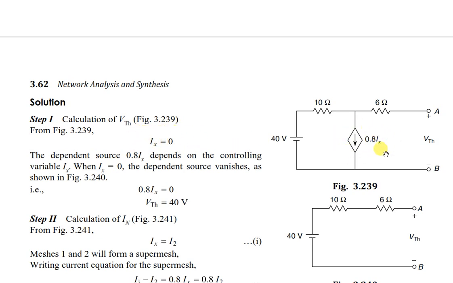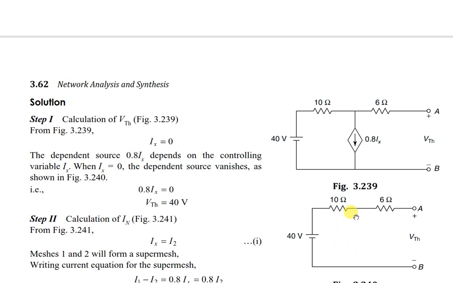When Ix is equal to 0, what happens to the dependent source? 0.8 into 0 is also 0. When 0.8 Ix is equal to 0, the current source is equal to 0, which means open circuit. This also becomes open.